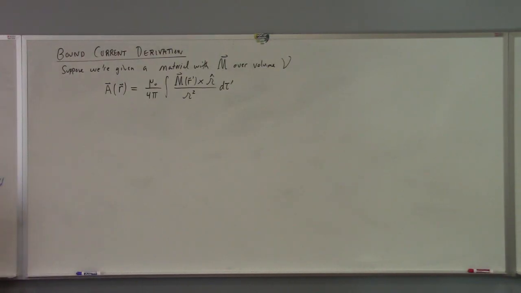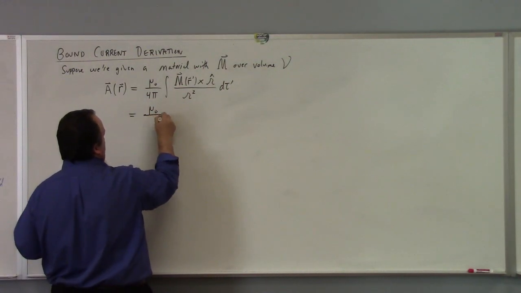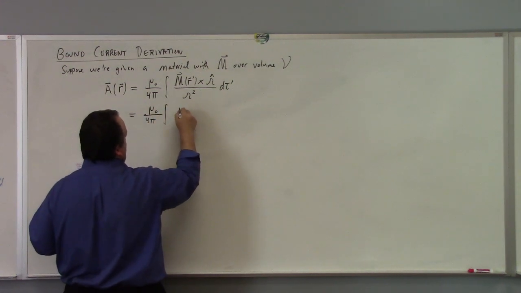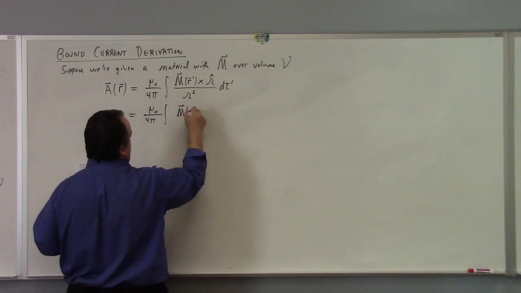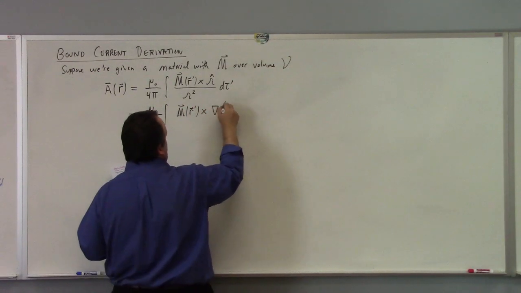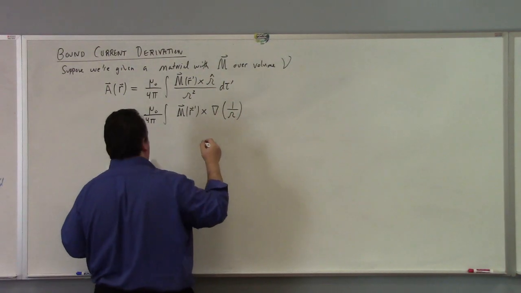Now, we can trade that for mu naught over 4 pi, the integral of M of r prime cross nabla of 1 over script r. But not just nabla, we need nabla prime.